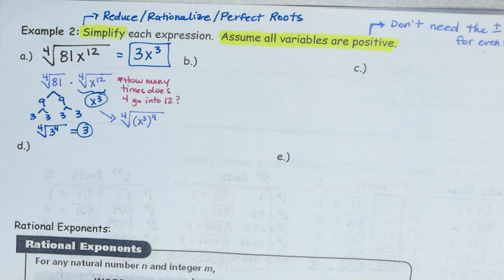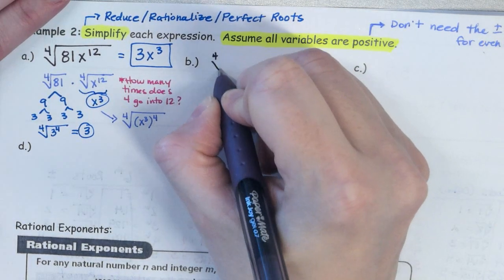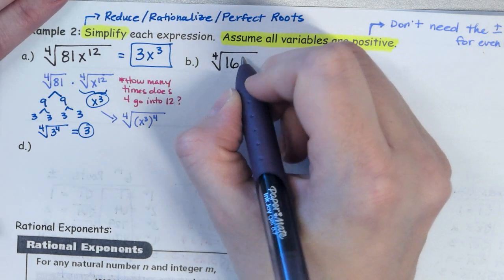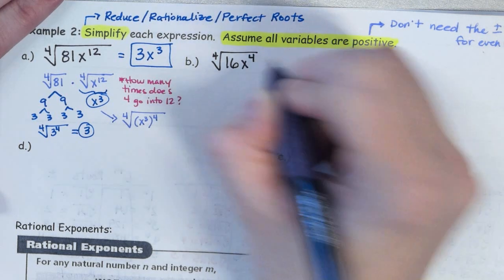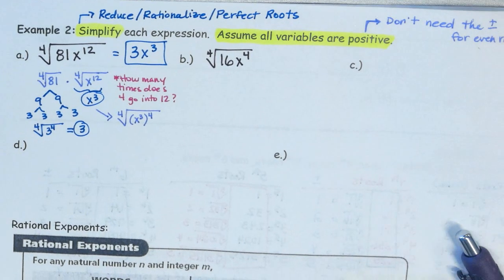All right, I want you to try this one without me. So the fourth root of 16x to the 4. And then make sure that you are making your index numbers and roots the same way that I am.